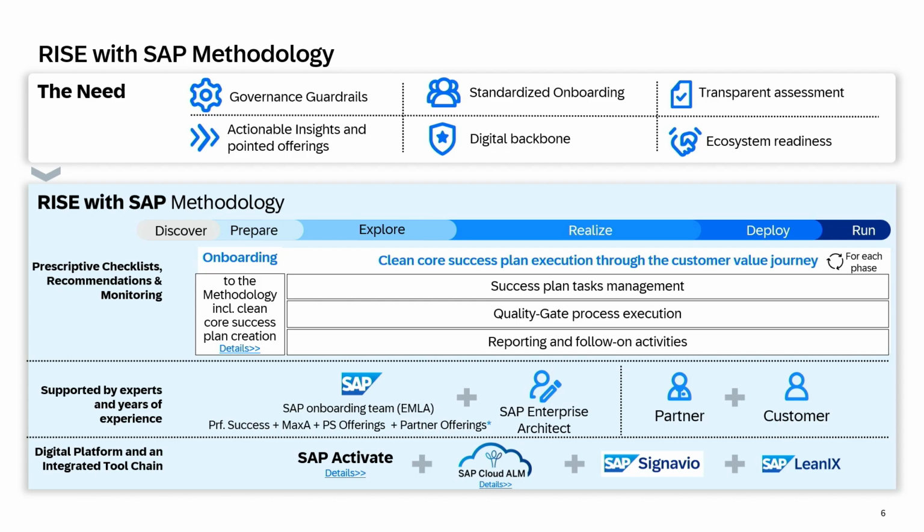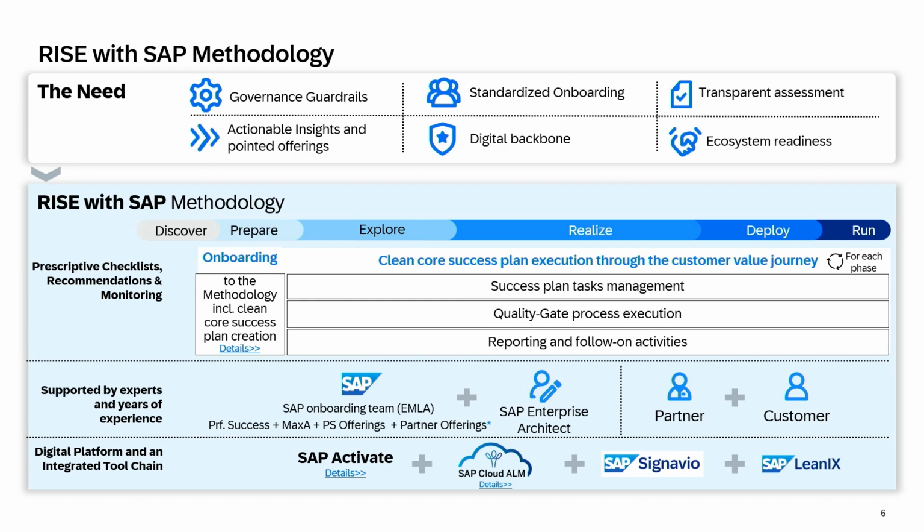And to execute these quality gates, they offer questionnaires which help you in your quality gate review process to see along all the 5 dimensions defined in clean core: the data, processes, extensibility, integration, and operations. With regard to all these 5 dimensions, how are you performing at the end of every phase so you can smoothly transition to the next phase of implementation.